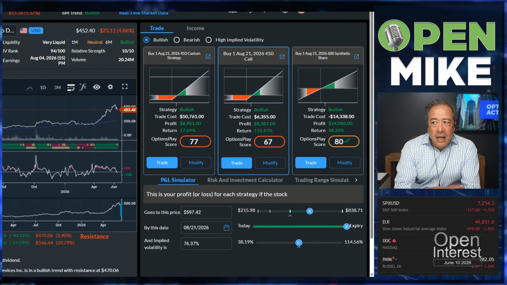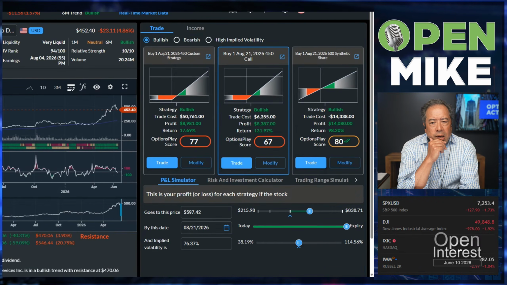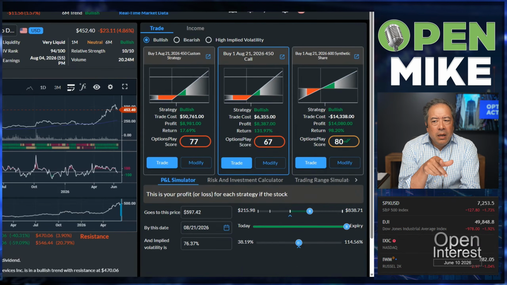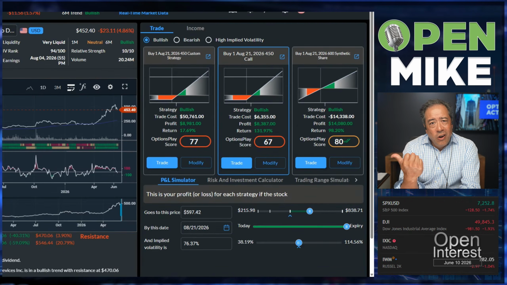Okay. And somebody said, not for nothing, Bernie, but isn't that a conversion? If you buy the stock and then you sell the call and you buy the put, isn't that just converting?